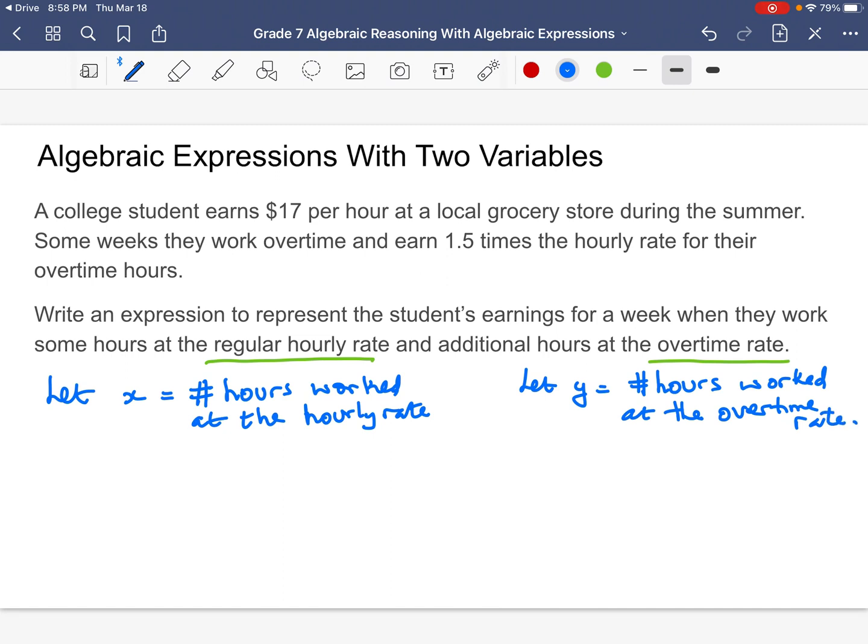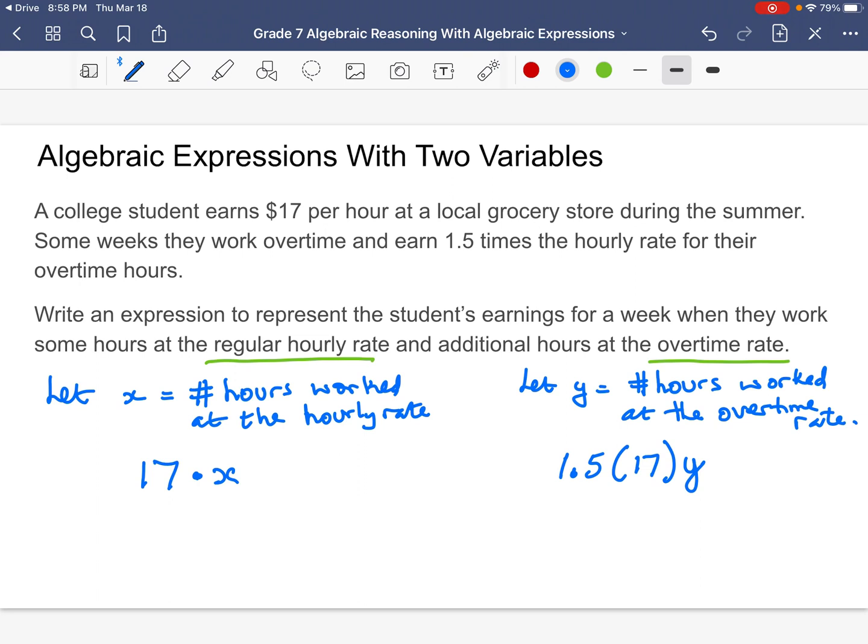So for their regular hours, they're going to earn $17 an hour for every hour, so 17 times X. And for their overtime hours, they're going to earn 1.5 times 17, and it's for Y hours.